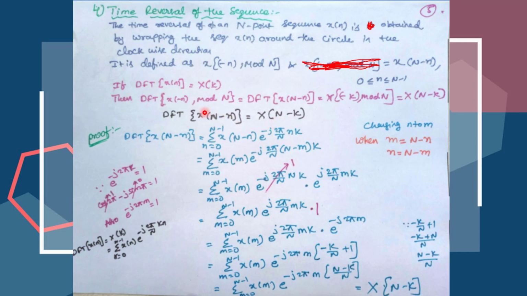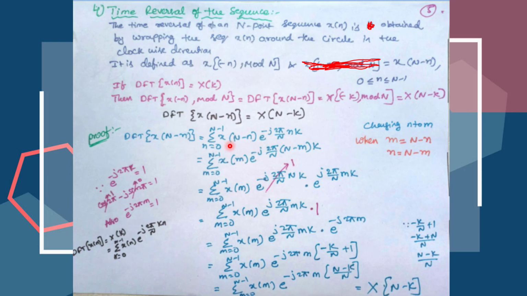Let us take the left hand side term of this equation. DFT of x of N minus n is the summation of x of N minus n e power minus j 2 pi by N n k. So from this equation, substitute m equal to N minus n. From that equation, small n can be written as N minus m.